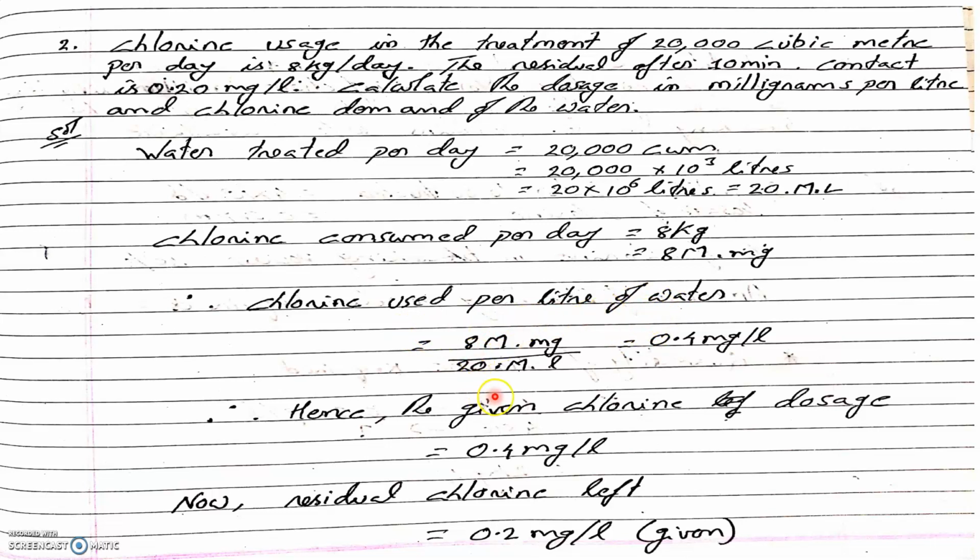So 8 divided by 20, which is around 0.4 milligrams per liter. Hence the chlorine dosage equals 0.4 mg per liter. This is how much chlorine is required per liter.